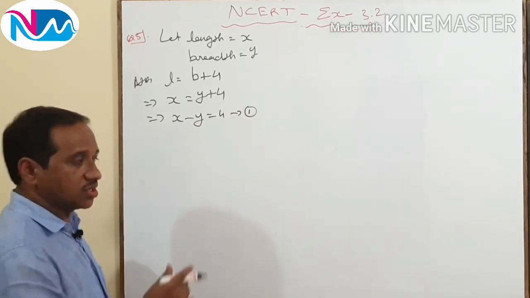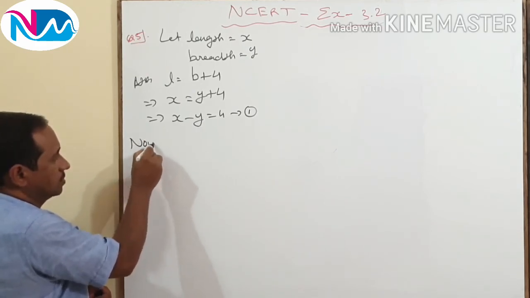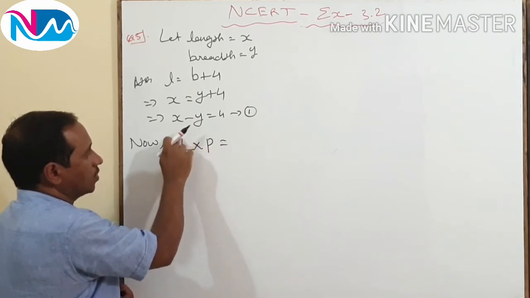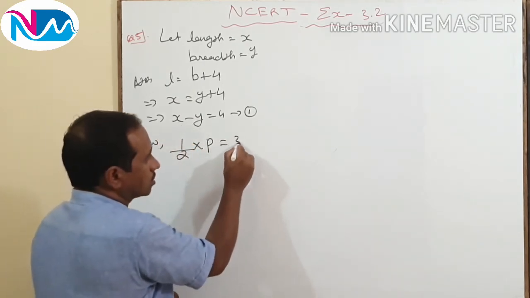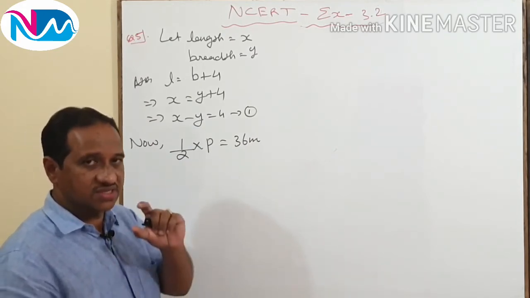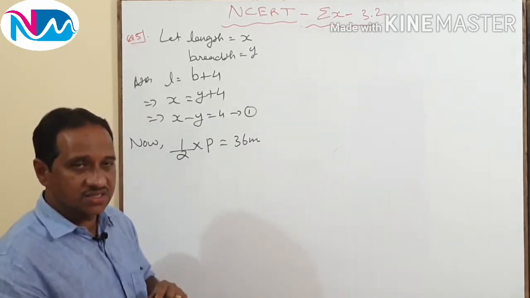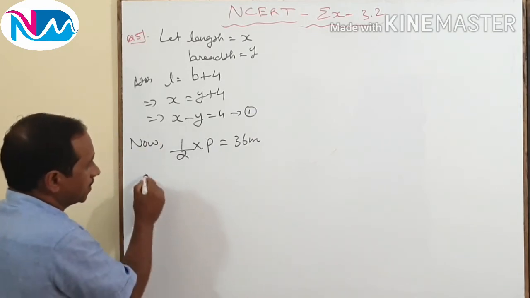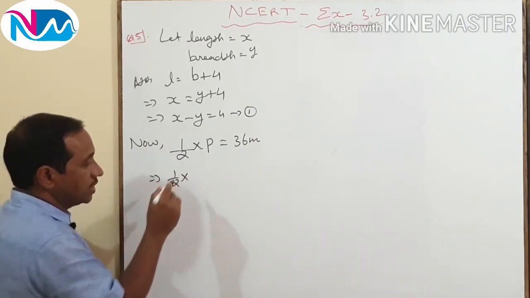Now the second condition is half of the perimeter. Half of the perimeter is equal to 36 meter. If you read the first sentence itself, we can understand that half the perimeter is 36 meter. Half the perimeter means 1 by 2 into the perimeter.